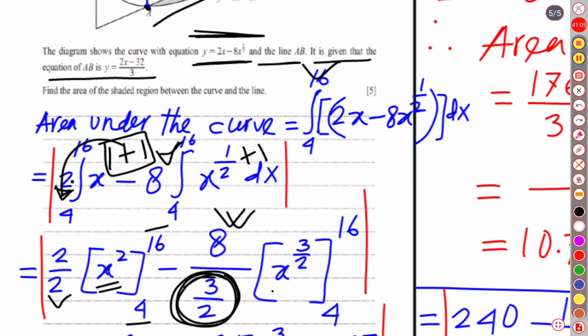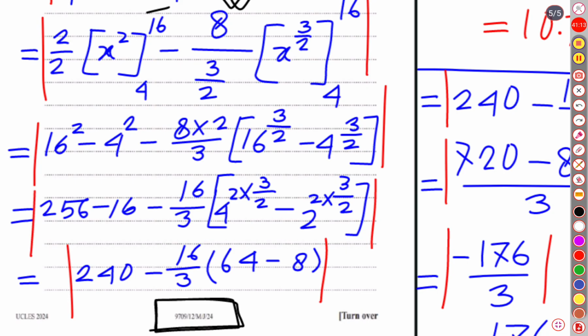Already we know half plus 1 is equal to 3 over 2. Then if we cancel out this 2, it is going to be 1, and the upper limit of x is 16, so we have written 16 squared. The lower limit of x is 4, so we have written 4 squared. And in between them there will be a minus. You have not forgotten that in case of integration we should do subtraction.